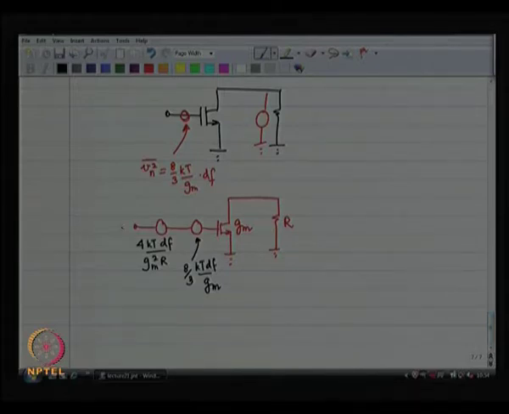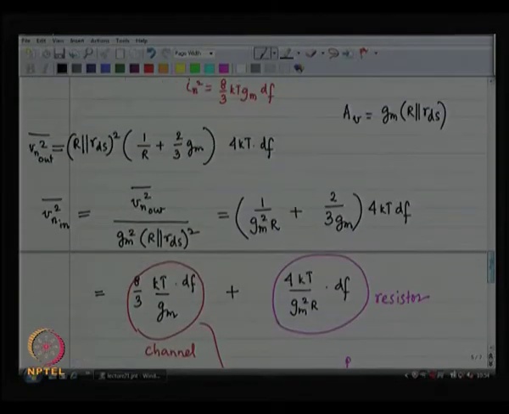If I now just apply these two, this is my noiseless network, it is the same network, right. So, automatically the input referred noise is just the sum of these two terms, which is the result that we saw.